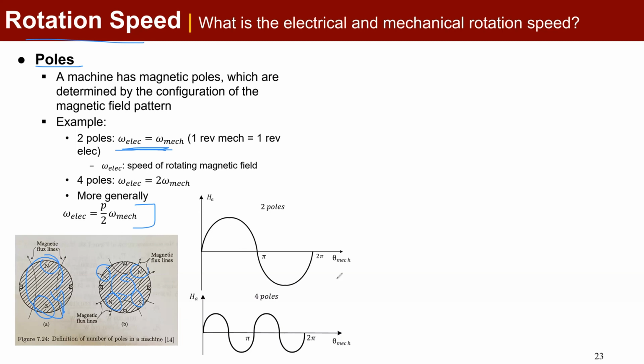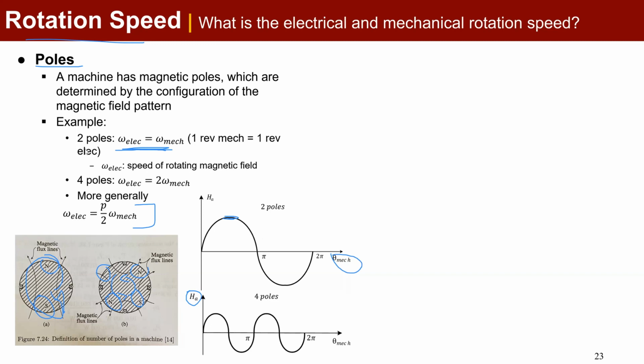As you can see, the theta for mechanical is not increasing or decreasing, but the number of times that we hit a pole, or that our H value hits its maximum, will vary depending on the number of poles. So that's one thing to keep in mind.